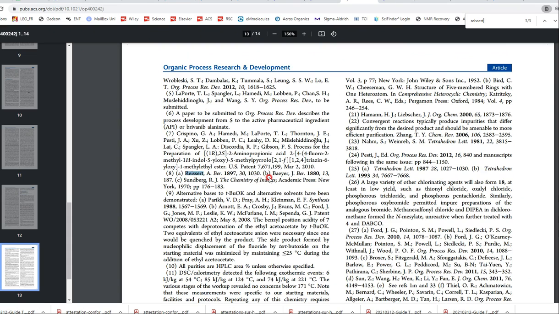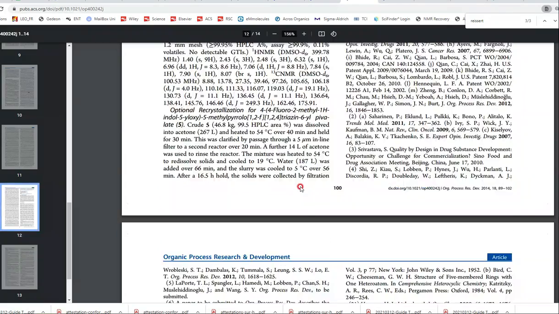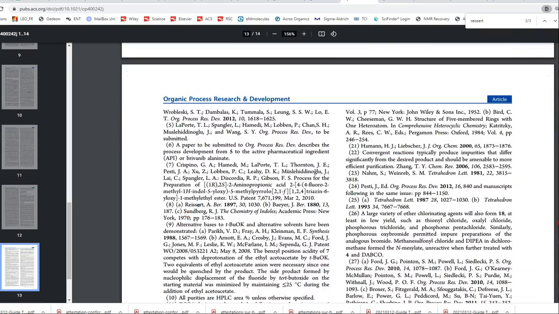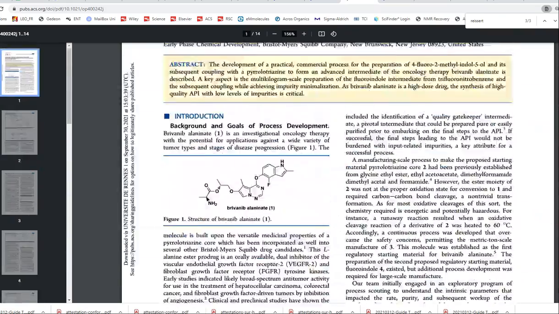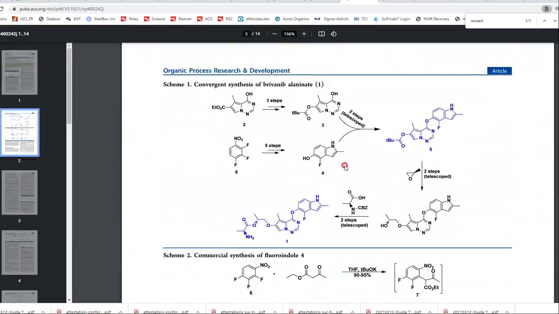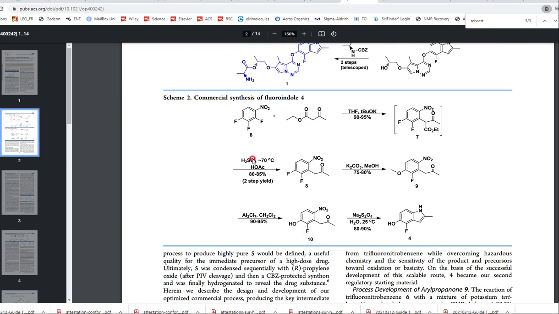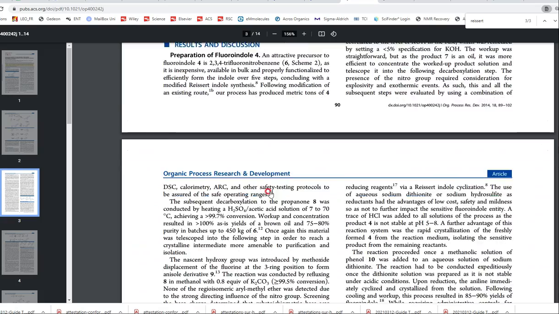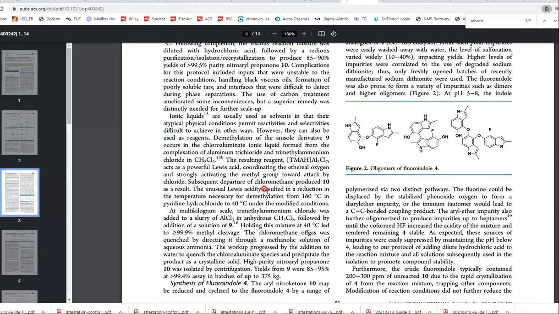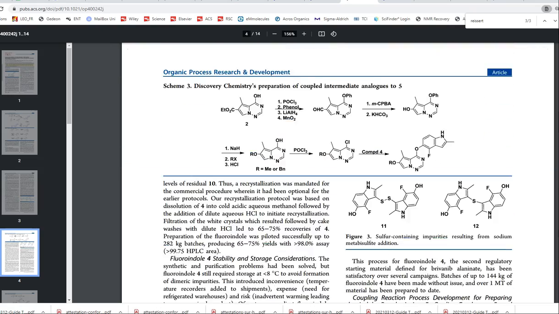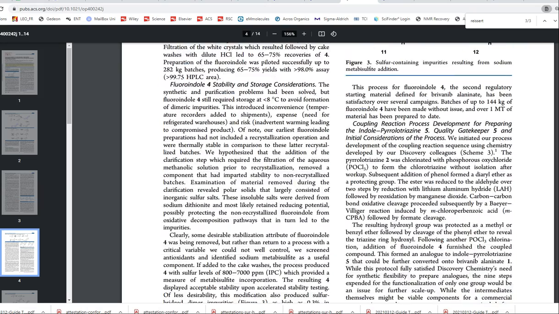A paper which goes back to 1897 is actually cited here. So that's kind of interesting. So really old chemistry used. And here, of course, they will show you how the reaction works. So you can find reactions which really work and work on large scale.